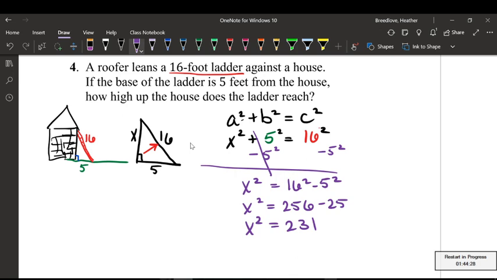We're going to leave our answers in simplest radical form. I don't know what the height is. I don't know x yet. I just have x squared. So I do need to take the square root of both sides. So now I have x equals the square root of 231.